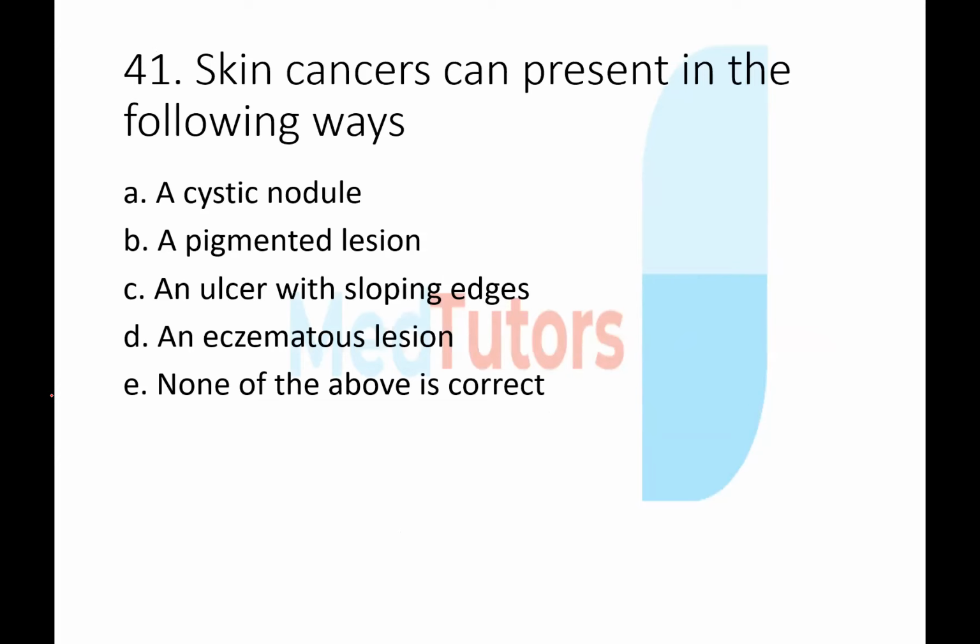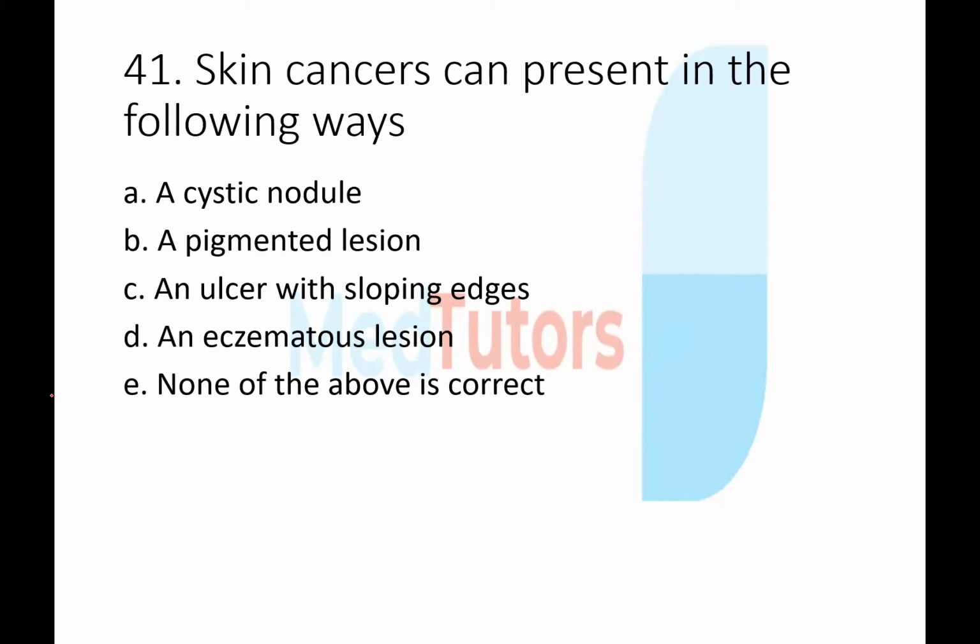Okay, let's quickly proceed and finish these MCQs. Skin cancers can present in the following way: A, a cystic nodule, B, pigmented lesion, C, an ulcer with sloping edge, D, eczematous lesion, E, none of the above is correct.